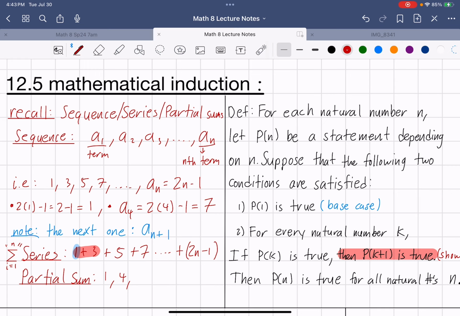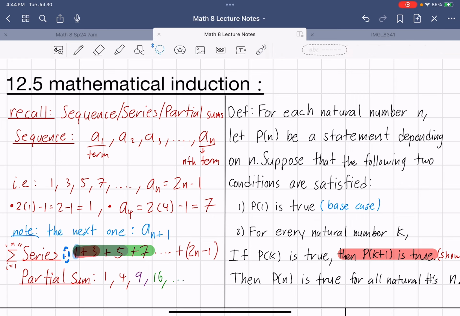And then if I add 1, 3, and 5, 1 plus 3 is 4, plus 5 is 9. And then let's say we want to add 1 plus 3 plus 5 plus 7. Essentially 9 plus 7 will give us 16. And so on and so forth.